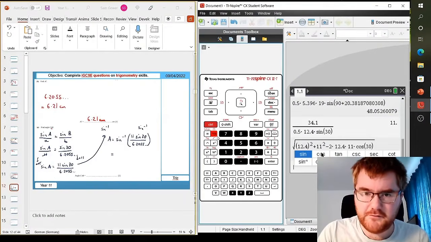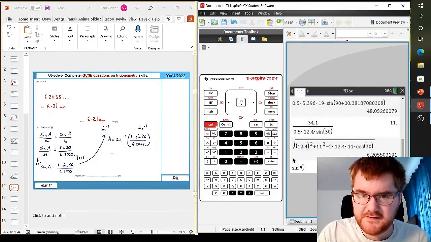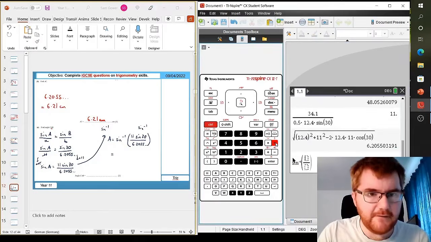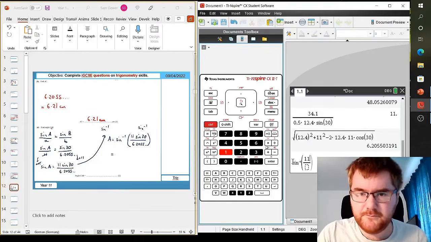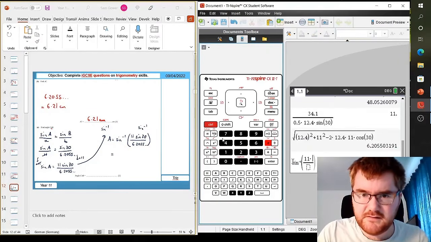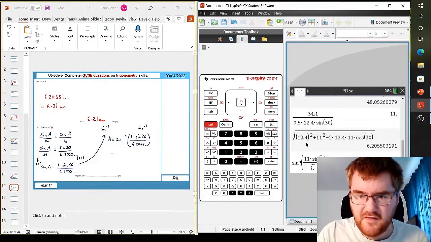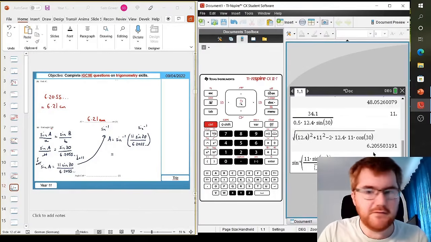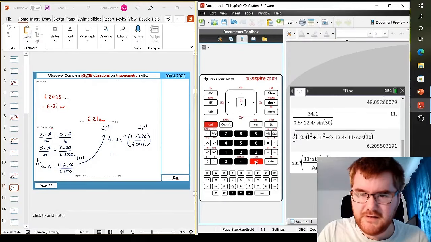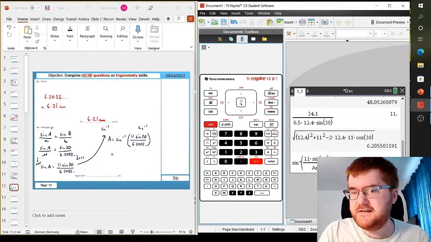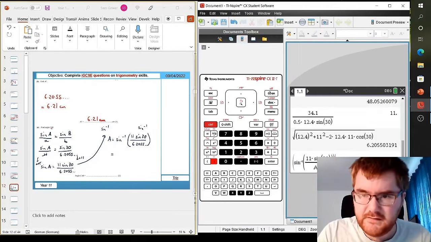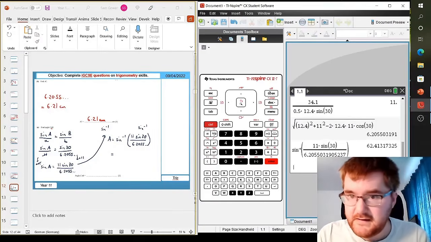So we start with trig sine inverse. Open up our fraction. So we have 11 times sine 30, close brackets. And now I can use the answer from the previous question. So I can go control answer. That will then take this answer here that I've just used. Let's make sure there's brackets there.